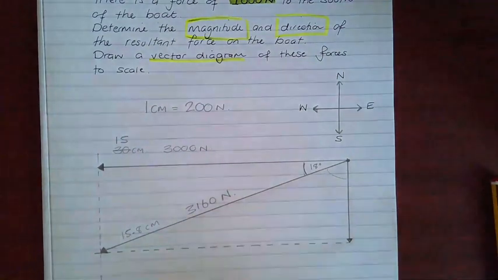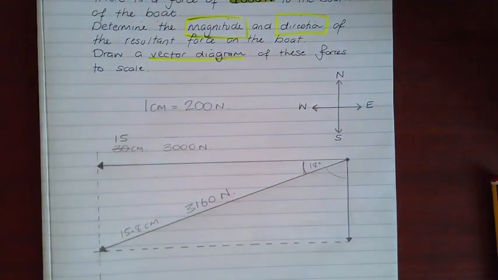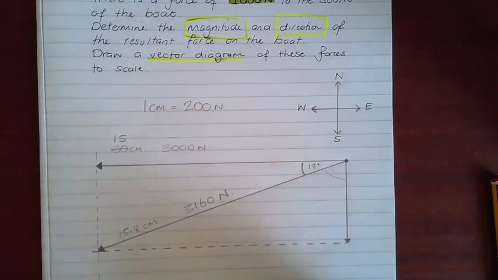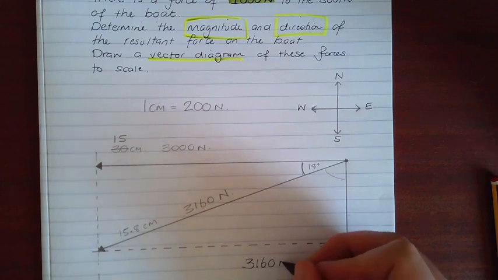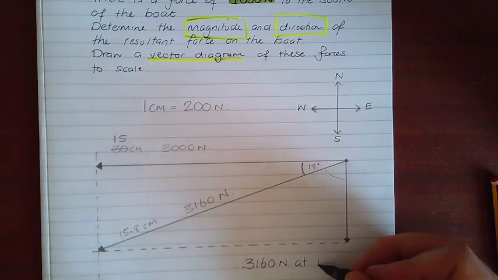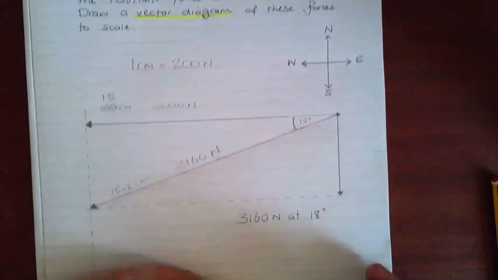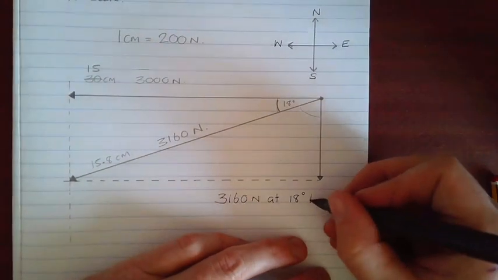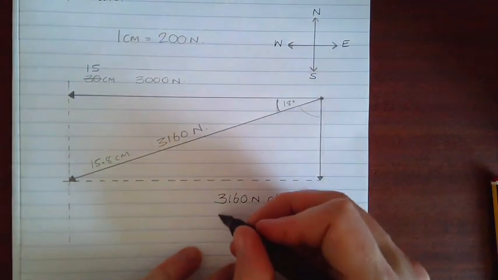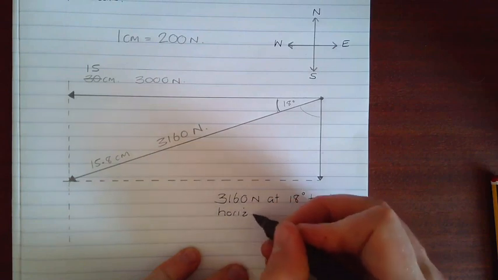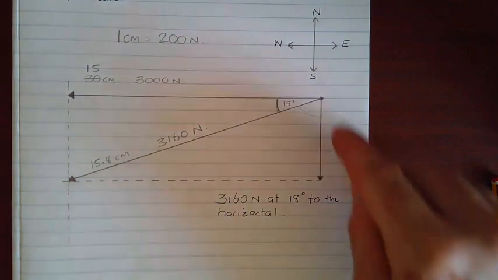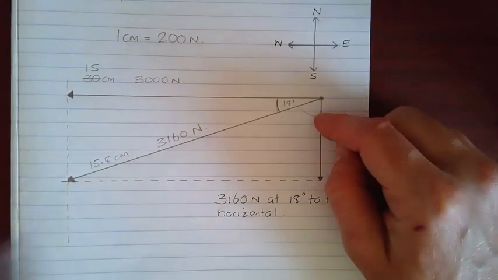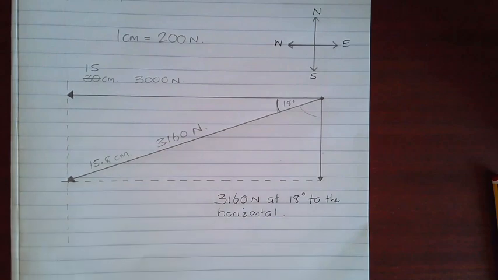Okay, so my answer, where you would write this on your paper, you would write something like this. So we have got a force of 3160 newtons at 18 degrees, just move that up a little bit, to the horizontal. So if you go in the vertical, you would have just measured that one instead, and instead at however many degrees to the vertical.